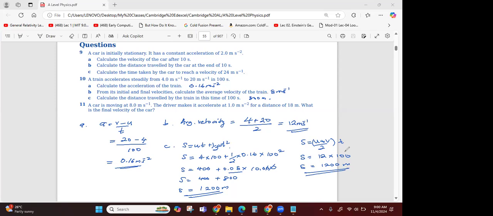Since we know the average velocity during that time period, it's easy to use the second equation, no? S equals u plus v divided by 2 into time. Understood? Yes. Okay. And you can try question number 11.